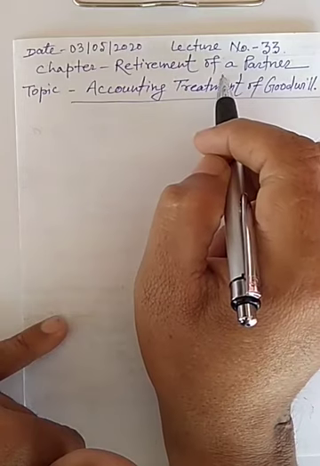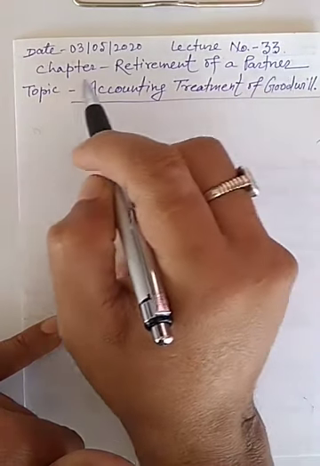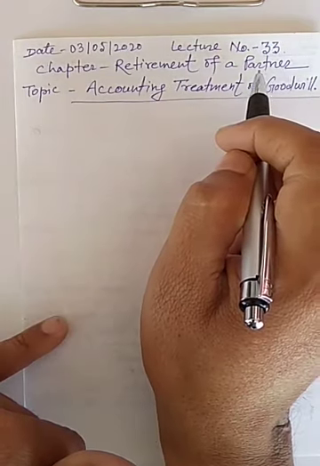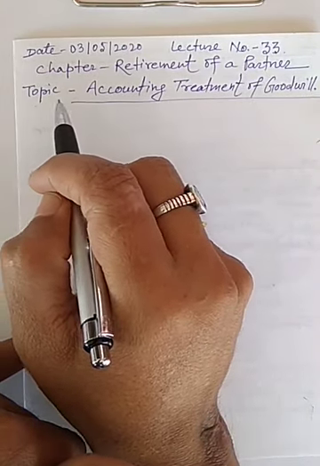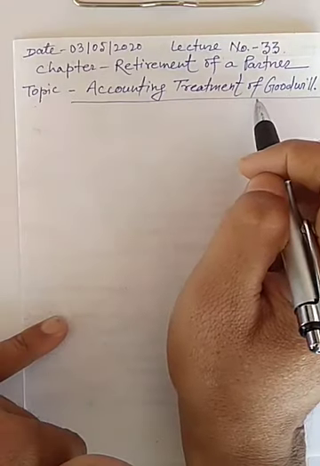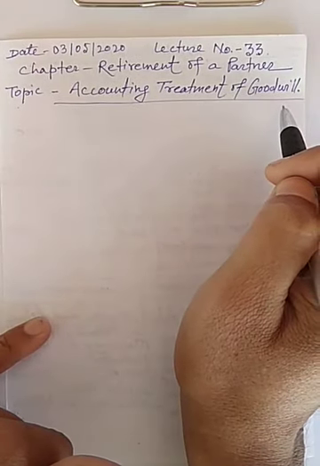Chapter is Retirement of a Partner, and under this chapter, today's topic is Accounting Treatment of Goodwill.